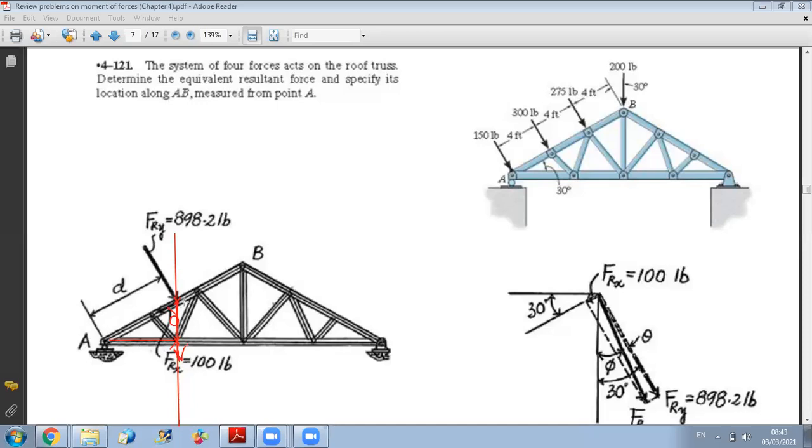Instead of taking inclined x and y, you can take y and x in this way. This will make it easier for you to calculate the distance to displace, because in this way, when you move along this line, this component will not produce a moment, only this component will do a moment.